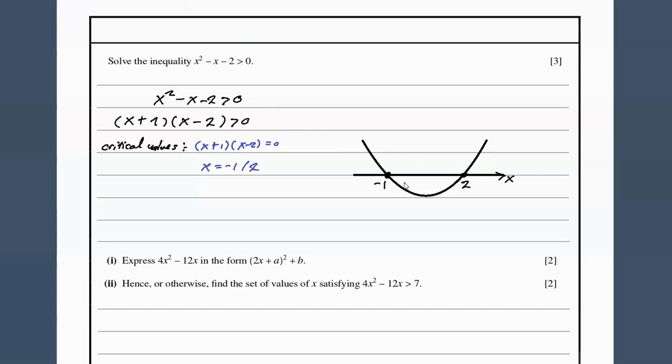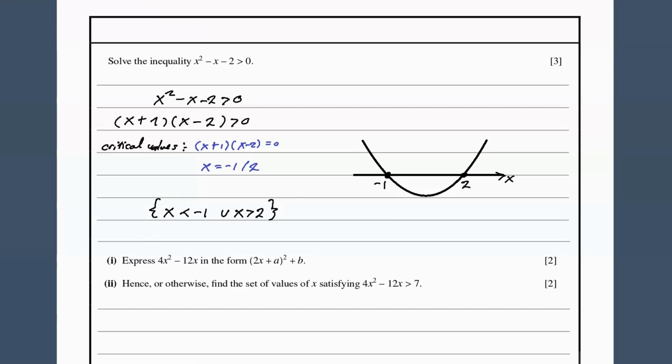So that should certainly be values of x that are less than minus 1, and values of x that are greater than 2. So union x is greater than 2. So this is the solution for this particular question.